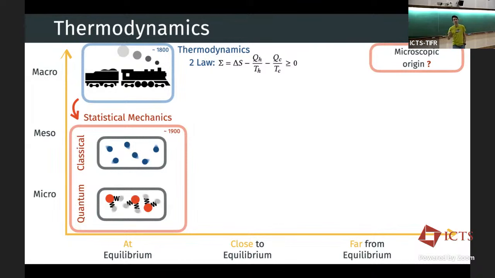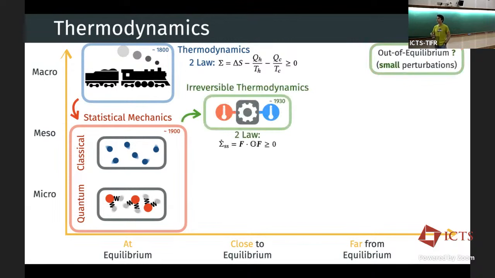But as we were taught during all this school, most processes and life itself are out of equilibrium, right? So people started trying to understand how to extend thermodynamics beyond equilibrium.